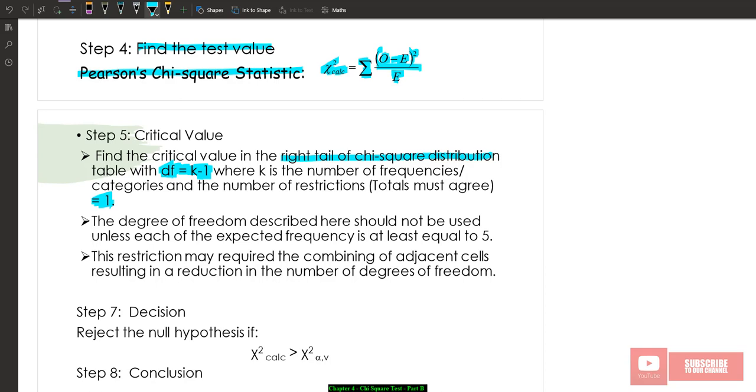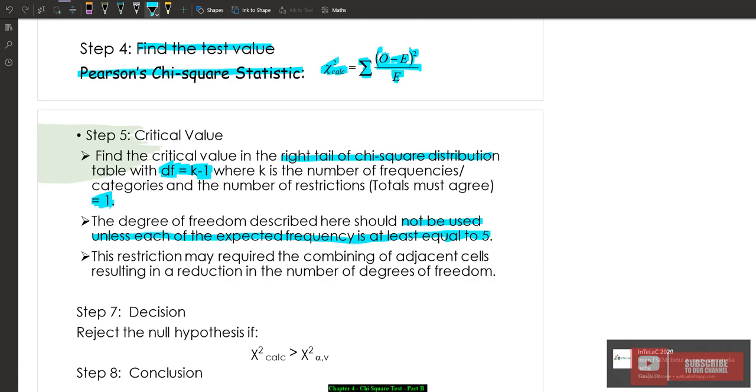The degree of freedom described here should not be used unless each of the expected frequencies is at least or equal to 5. This is the most important condition that we need to check. So this restriction may require the combination of adjacent cells, resulting in a reduction in the number of degrees of freedom, right?